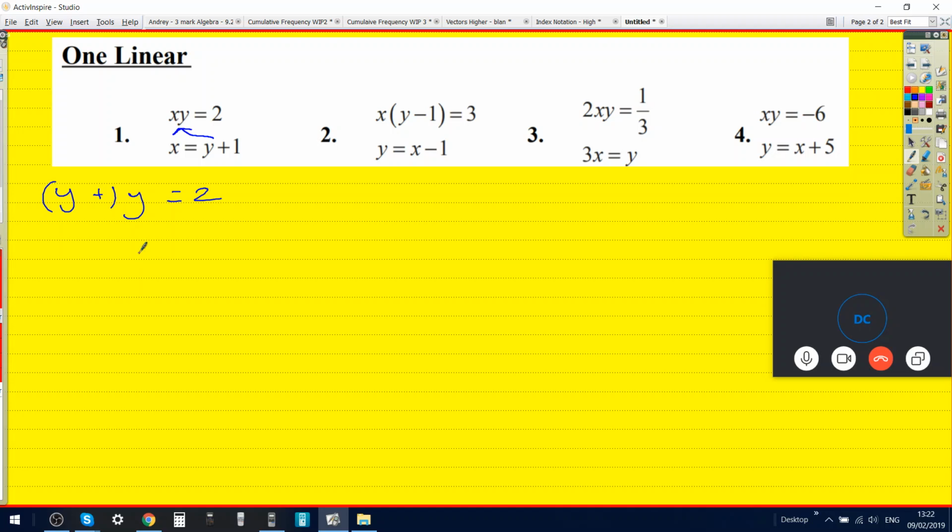Do you have to multiply out the brackets? Yeah. So y squared plus y equals 2. And then how do you solve that?